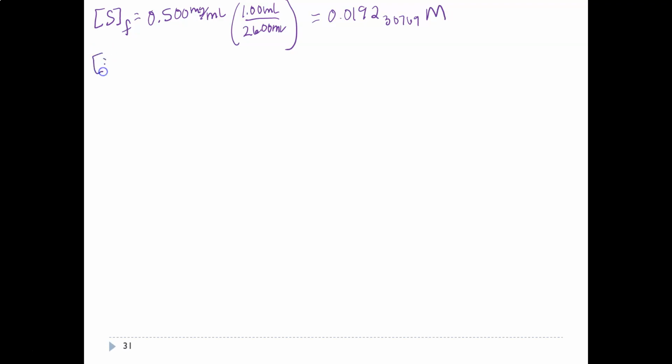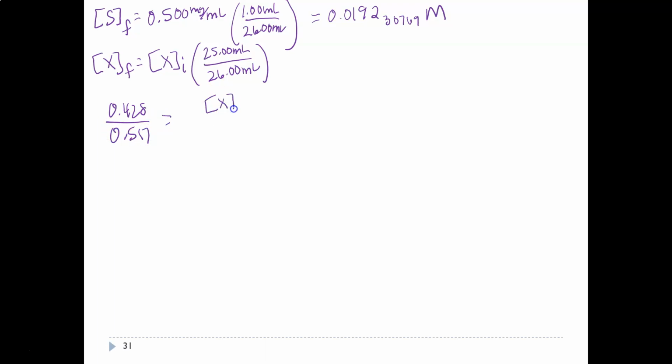So let's set up our Xf equation. We do not know Xi, but we do know V0 is 25.00 and V is 26.00. So we have that. Now we have our big standard addition equation: 0.428 over 0.517 is equal to Xi over Xf plus Sf.